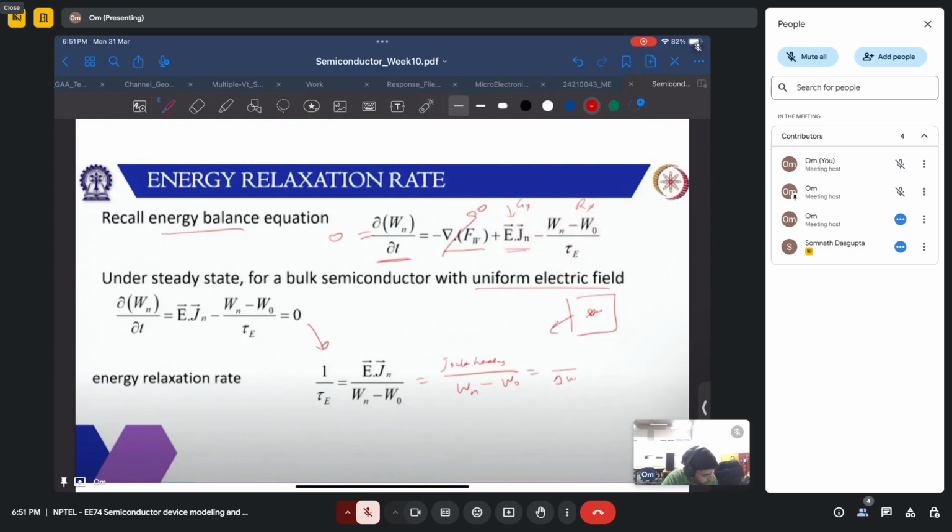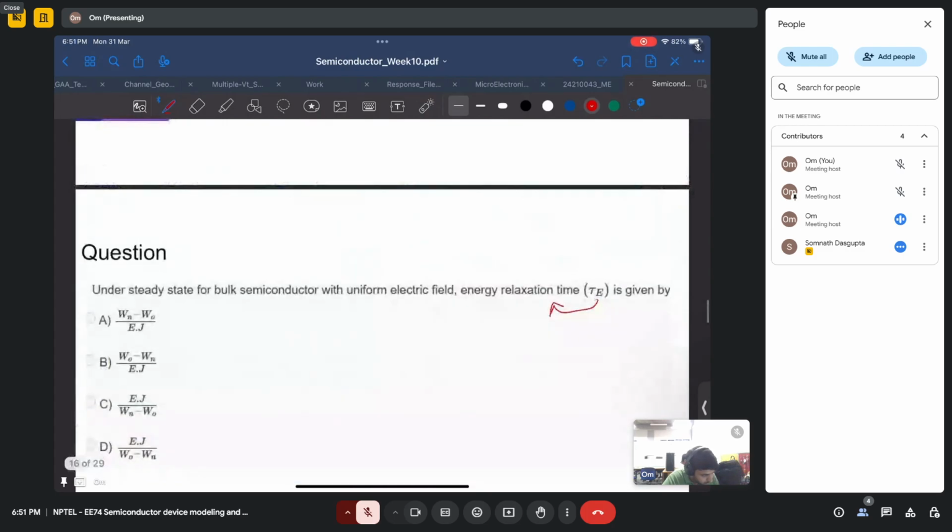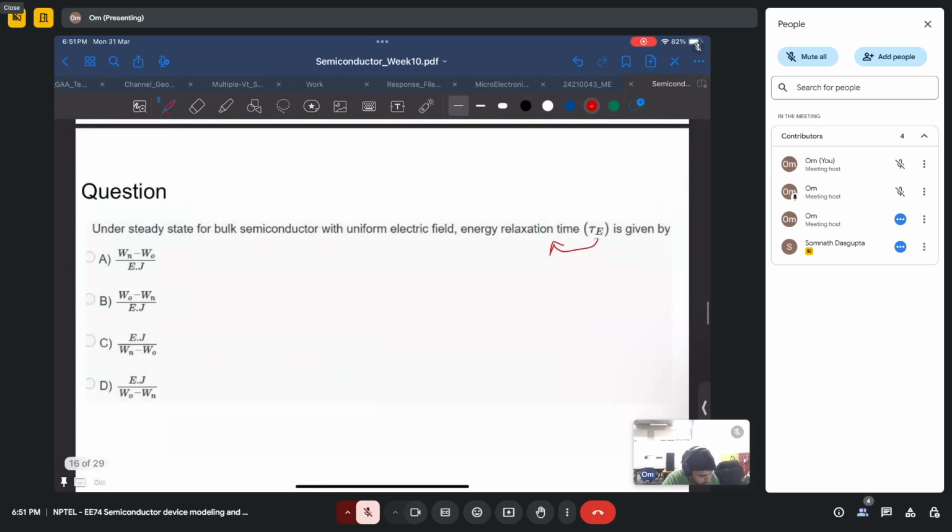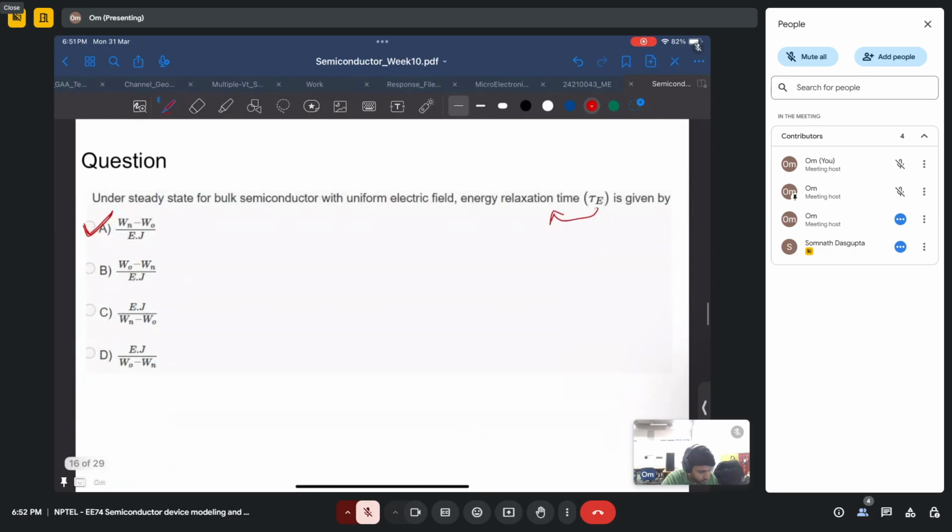We equate it to 0, so tau E will be Wn minus W0 by Ej. So it is option A. Wn is the perturbed energy of the electron, W0 is the energy that was there in equilibrium, E is the electric field, and J is the current density.